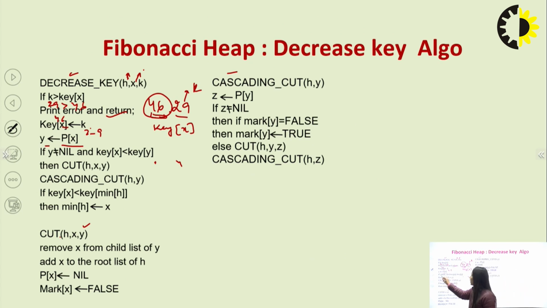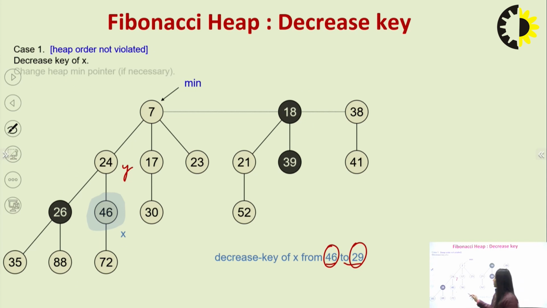Now if y does not equal nil and key of x is less than key of y, okay, obviously this is not nil, it consists of some value. That is what we saw. Now we changed 46 to 29, and key of x should be less than key of parent y, but this condition is false here.